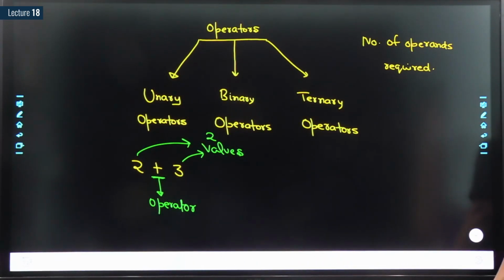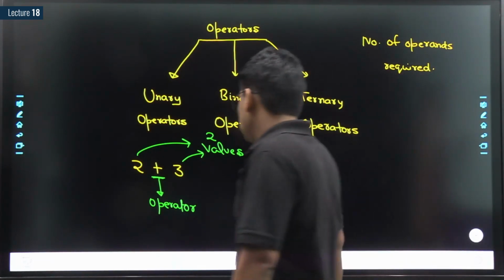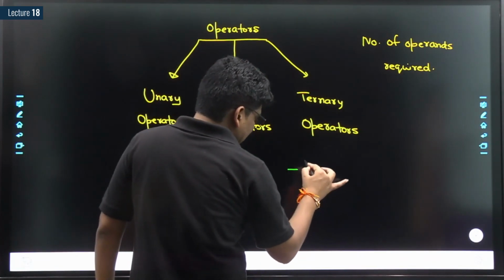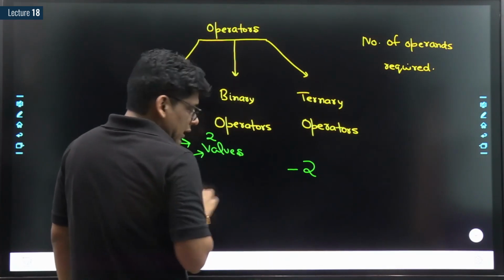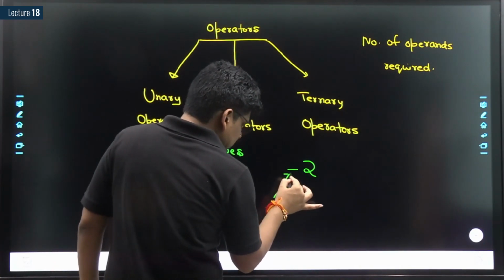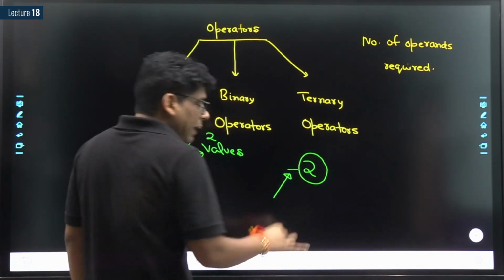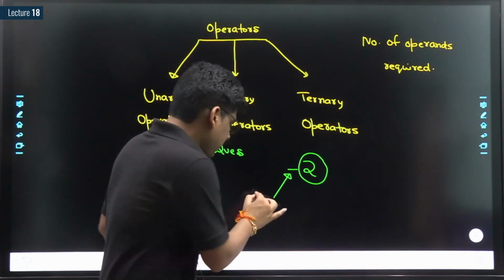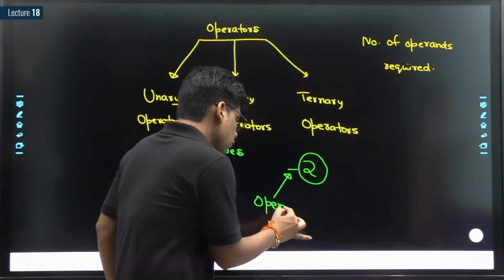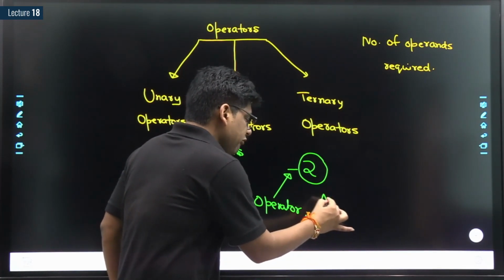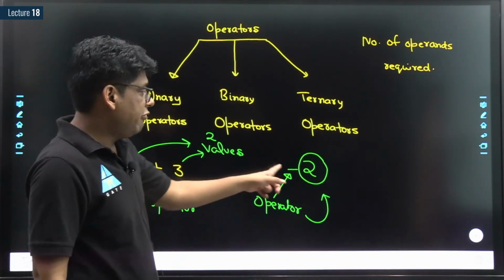Please try to understand. In case we have minus 2, what is this? Operator. How many values does this minus sign need? This is an operator and it is working upon only one value.